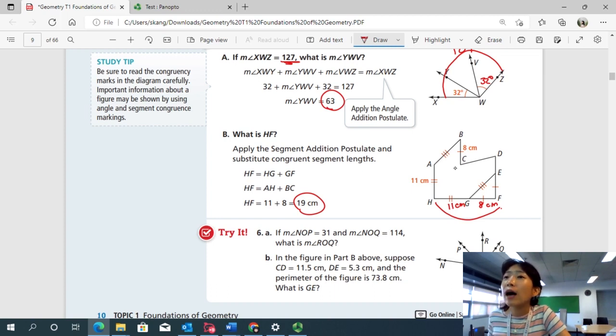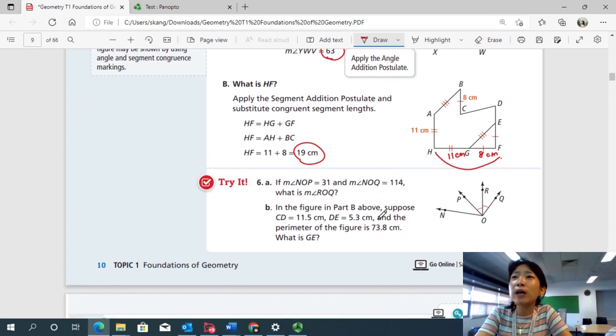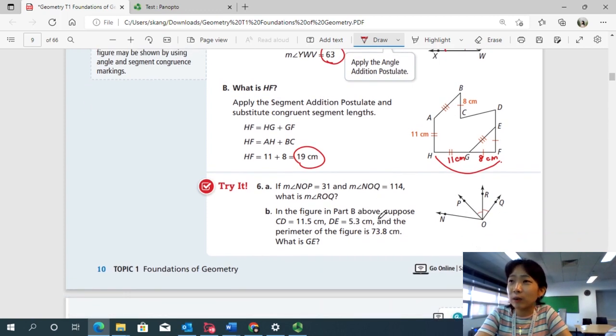Let's try number 6. See if you can do it by yourself. 6a: if measure of angle NOP is equal to 31, measure of angle NOQ is 114, what is measure of angle ROQ? See if you can do it by yourself.